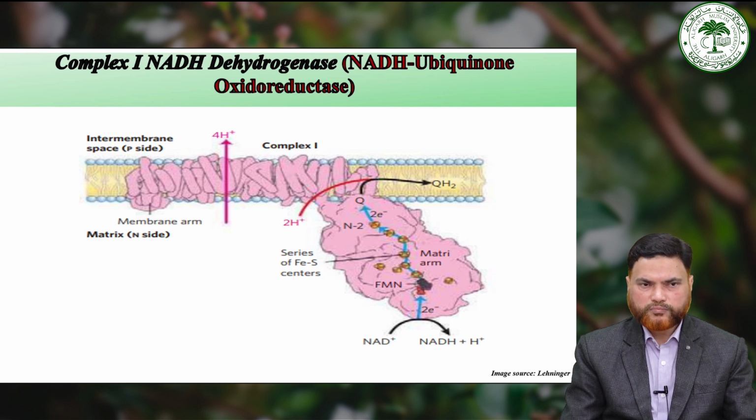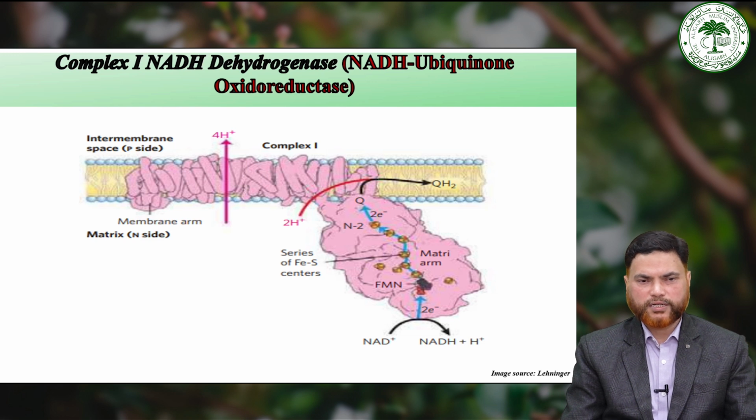Now, how does this complex function in the oxidation of NADH? Complex 1 basically oxidizes NADH, which is produced in the mitochondrial matrix during the tricarboxylic acid cycle, and then electrons are transferred to ubiquinone.